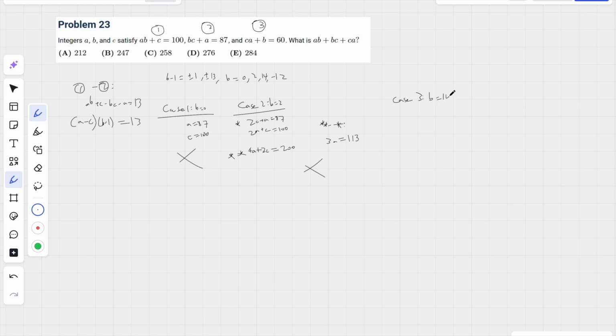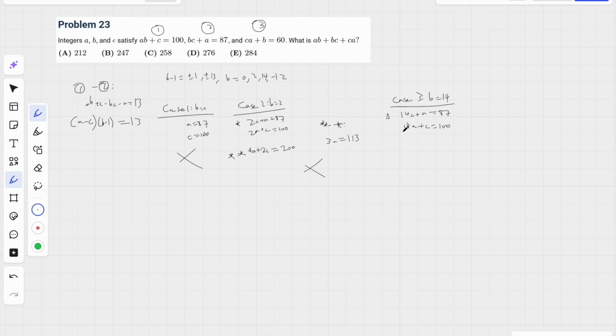b equals 14. 14c plus a equals 87, and 14a plus c equals 100. Now let's label this triangle, why not?